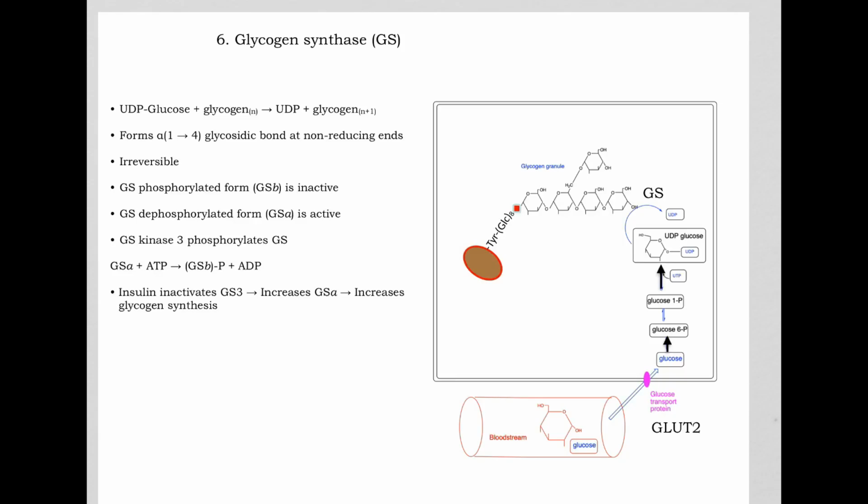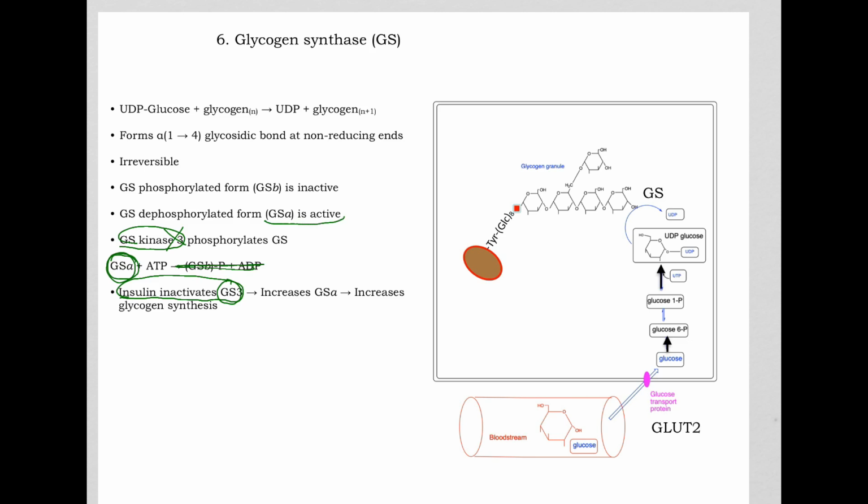Now insulin, which is released after a meal, will cause the inactivation of GS kinase 3. And if this enzyme becomes inactive, then this reaction will not happen, and now we have glycogen synthase in the A form.